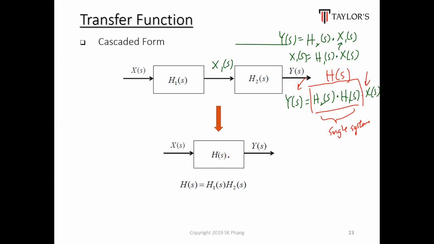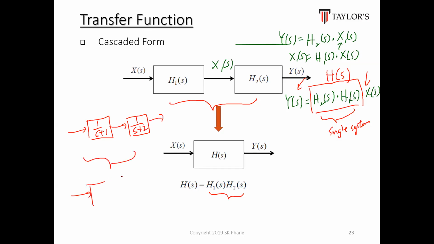So we can conclude that these two systems connected in series are the same as one system that is just the multiplication of both transfer functions. Meaning, let's say I have a system 1 over s plus 1, and then it goes through 1 over s plus 2, and then comes out as output. This is the same as a system with 1 over (s plus 1)(s plus 2).